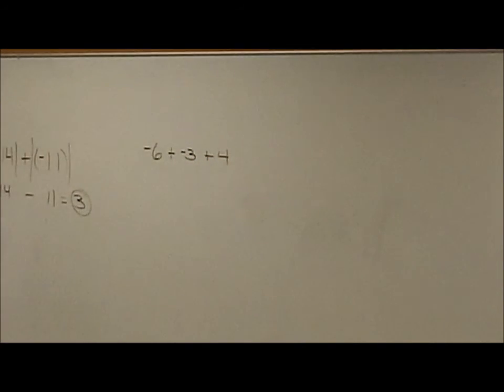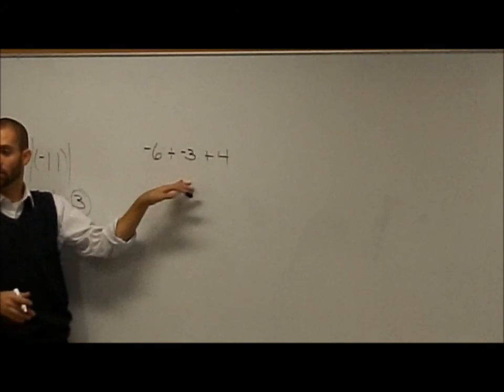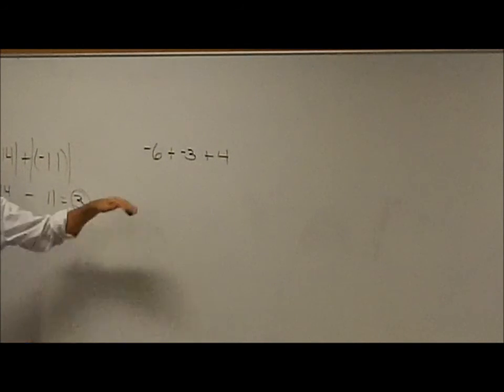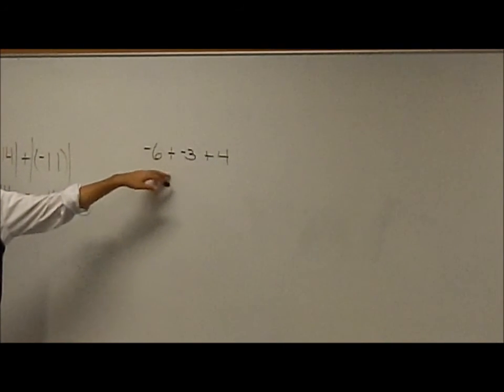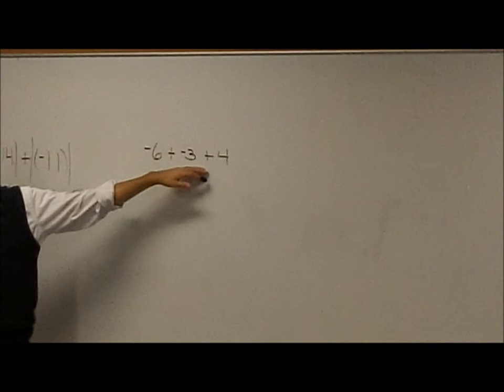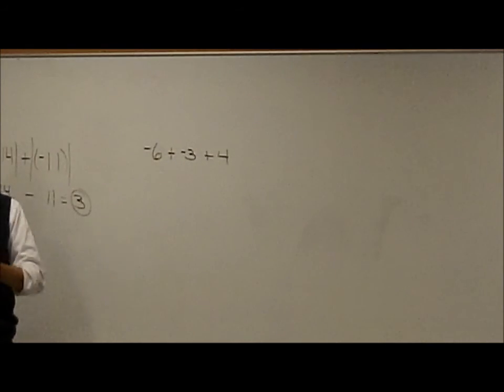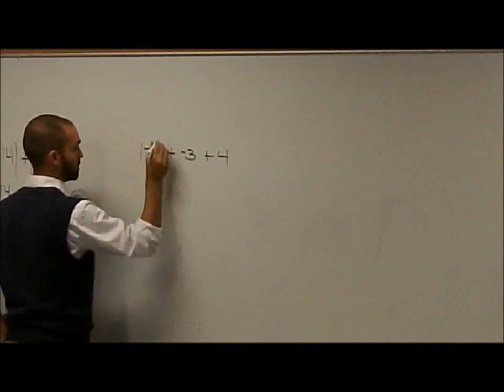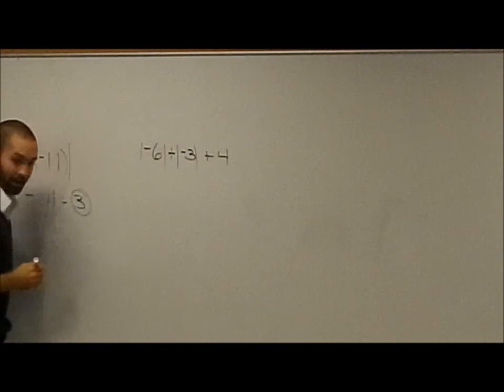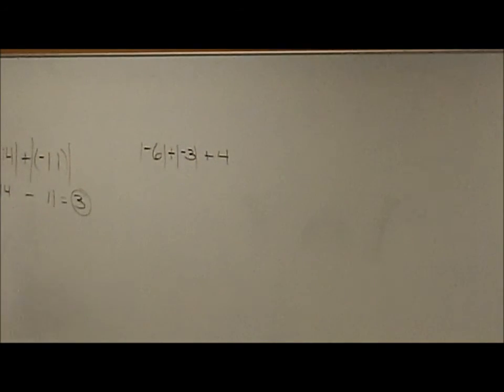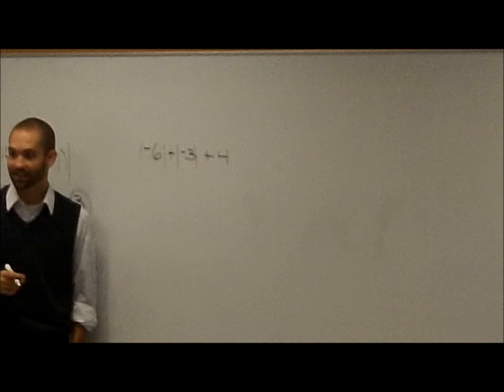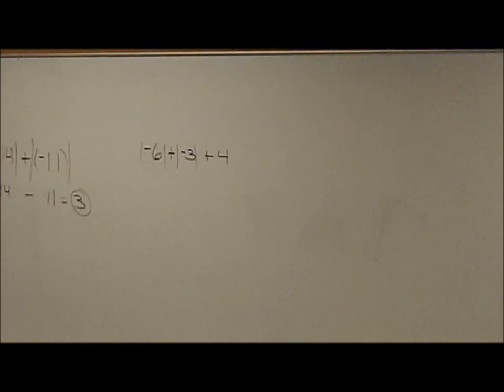Same thing. We've got to use our absolute value problems. Now, do I do all of these in my absolute value? Not at once. Line it up. Let's go. So I do my first two, negative 6 and negative 3. What's the absolute value of negative 6? 6.